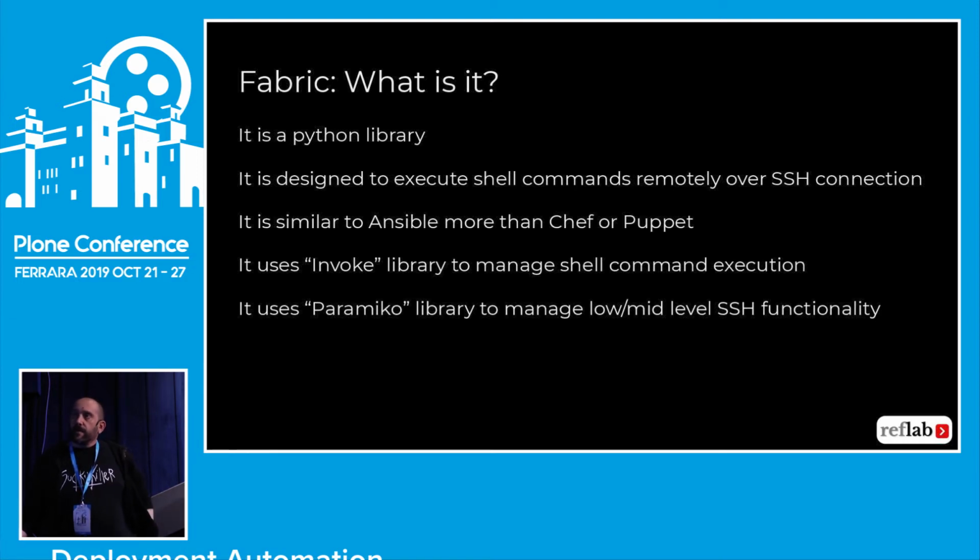And it's very similar to Ansible, more than Chef or Puppet. It means that we don't need to have anything installed on the target machine. It uses Invoke, a library to manage shell command execution, and Paramiko to manage the SSH functionalities.